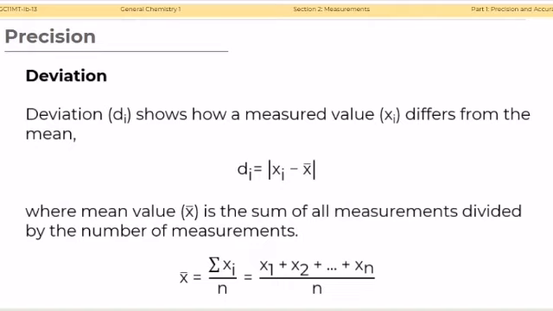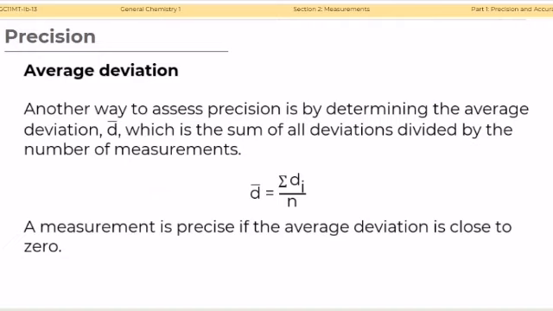Deviation is the absolute value of the difference of a measured value from the mean value, which means that the sign of the difference is ignored. So the mean value is equal to the summation of the measurements divided by the number of measurements.